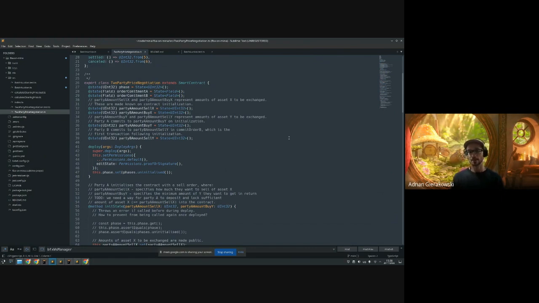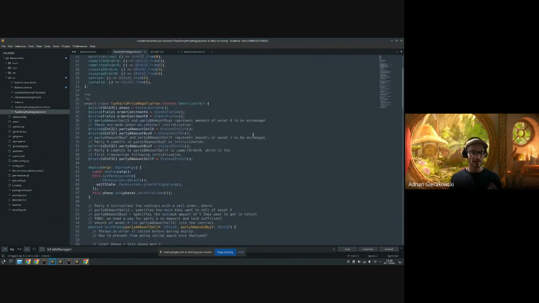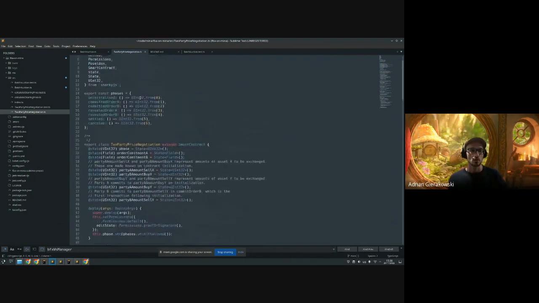The amount of the asset is made public, but the price, expressed as the amount of the other asset that the person wants in return, is secret, and that's submitted to the contract as a commitment. So we have phases in this contract, which is a one-shot contract.